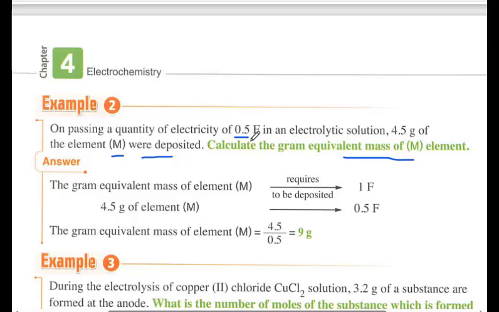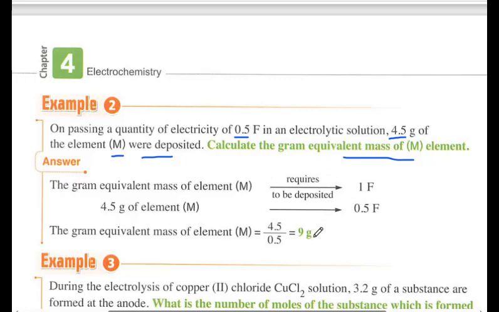1 Faraday refers to the quantity of electricity required to deposit the equivalent mass. So the equivalent mass, which is not known this time, requires 1 Faraday to be deposited. And 4.5 grams of this element, we know from the example, requires 0.5 Faraday.